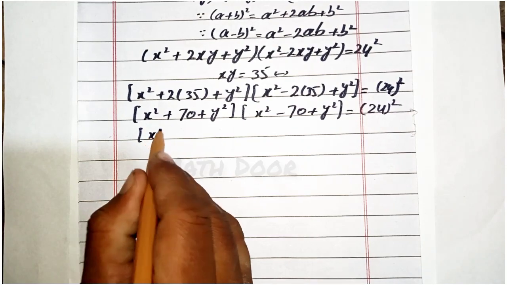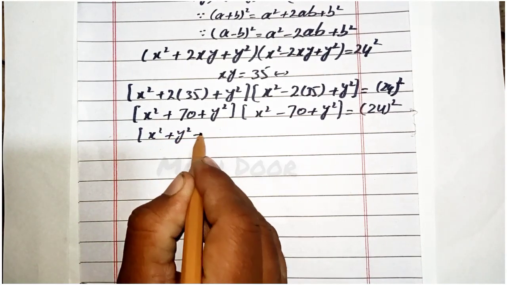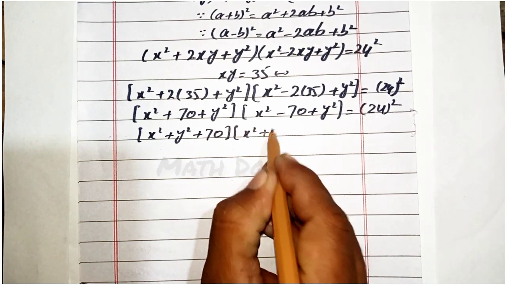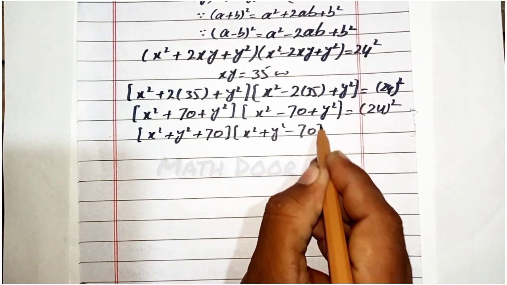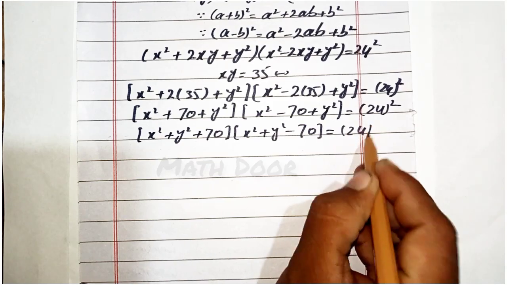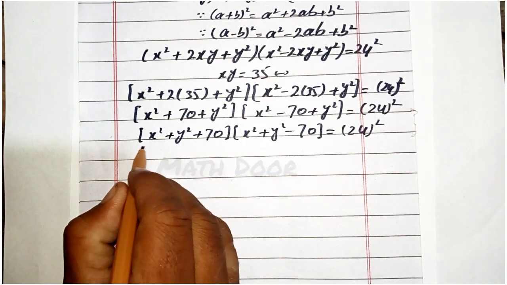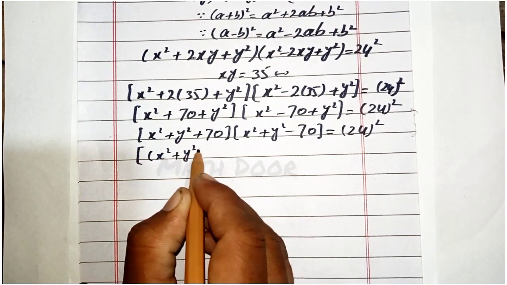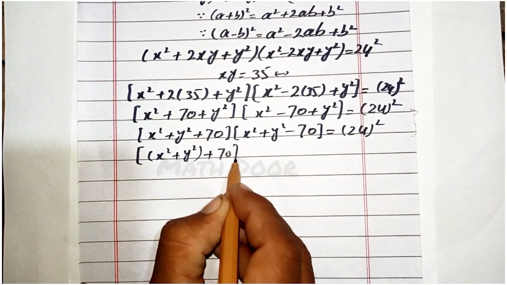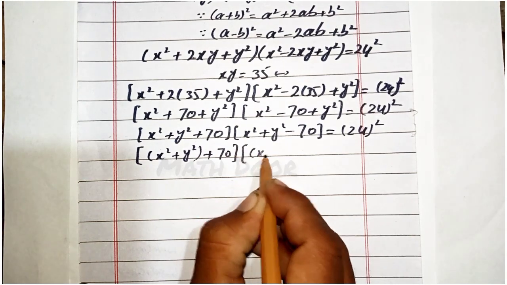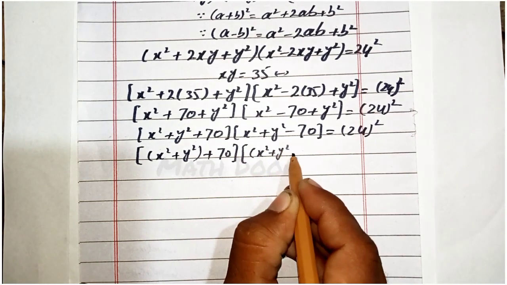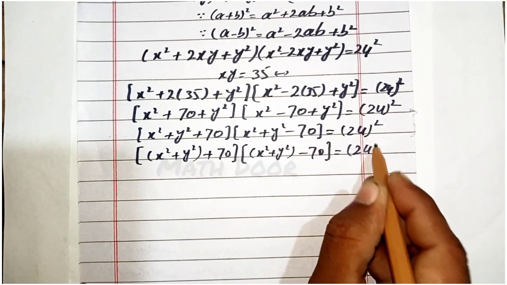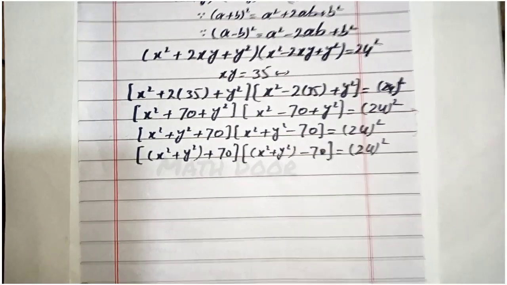We can write this as (x square plus y square plus 70)(x square plus y square minus 70) is equal to 24 whole square. Now we write this into brackets, (x square plus y square) plus 70, and also (x square plus y square) minus 70 is equal to 24 whole square.